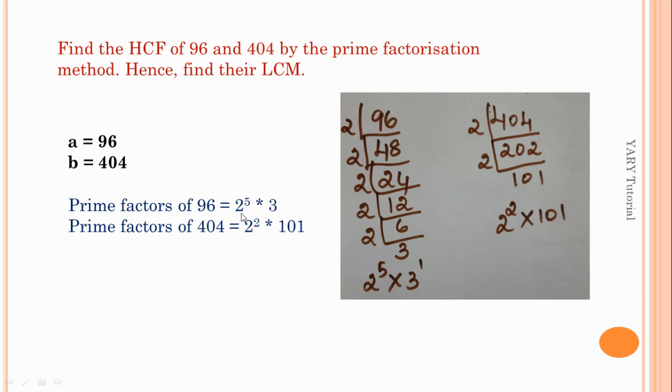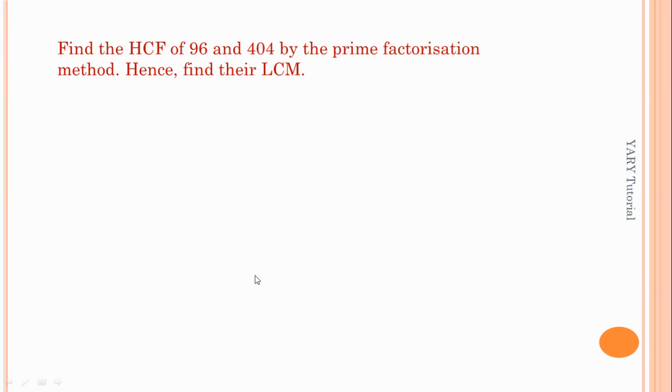So here the common factor is 2 and the least power is 2 power 2. 2 power 5 is greater. 2 power 2 is the least power of the factor. So our HCF is 2 to the power of 2, which is equal to 4. Now 4 is the HCF of 96 and 404.